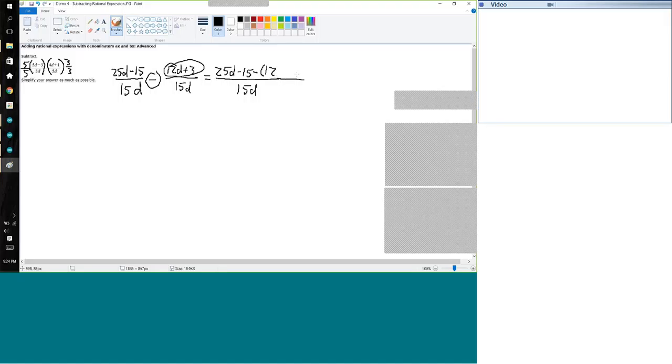The way that I like to do it to make sure that I don't lose track of it is just put that second numerator entirely in parentheses with that negative in front, because now that tells me that this negative needs to get distributed. So I'll wind up with 25d minus 15. Negative times 12d is going to be minus 12d. Negative times a positive 3 is going to be negative 3. All divided by 15d.